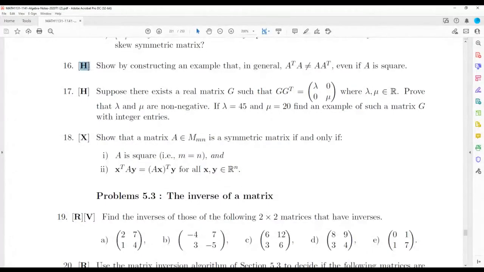So I thought we could look at 16. 16 is an H question. Show by constructing an example that A transpose times A does not equal A times A transpose, even if A is a square matrix. So what we're asking for is some specific matrix A where the multiplication doesn't commute.